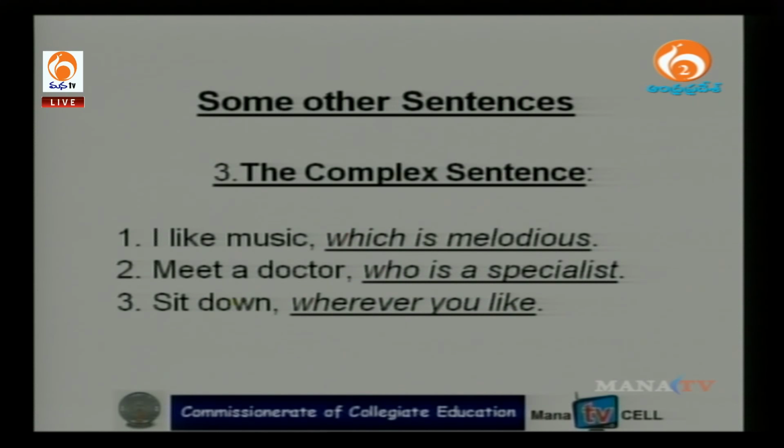In the second sentence, meet a doctor who is a specialist, there also you will find a main clause and a subordinate clause. In the third one, sit down where you like, sit down is the main clause and where you like is a subordinate clause. So, a complex sentence may contain at least one main clause or independent clause and one or more subordinate clauses, then we call it a complex sentence.